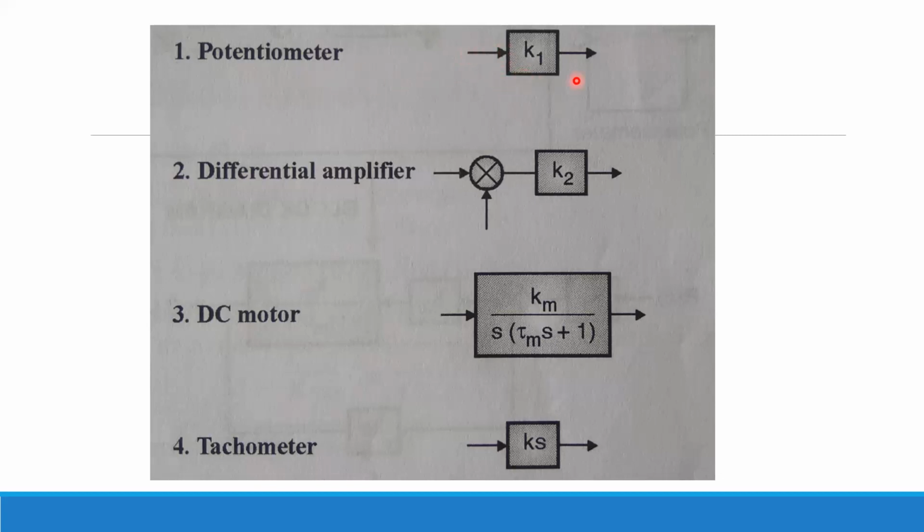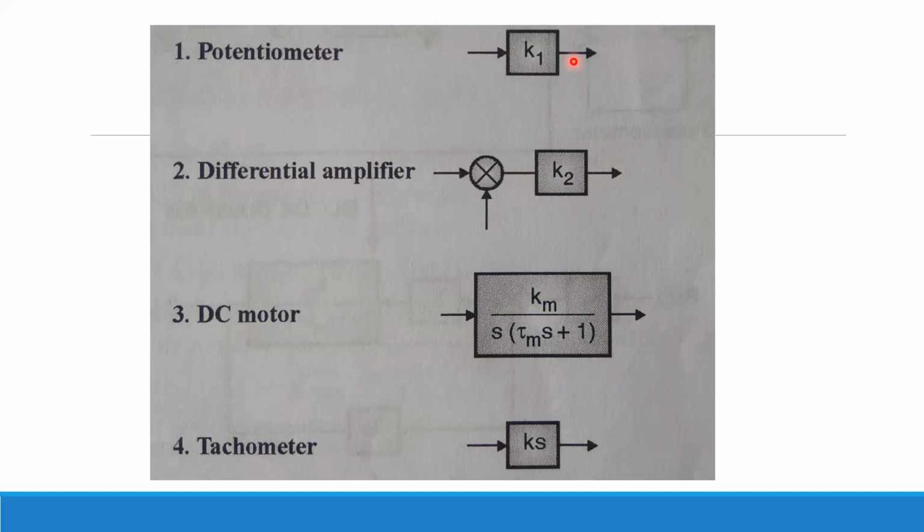It has some input, some output. Then there is the differential amplifier, which has input and output. That differential amplifier will be treated as a summing point, or its input will be treated as a summing point, and there will be one block which will represent the differential amplifier, with an input and an output.